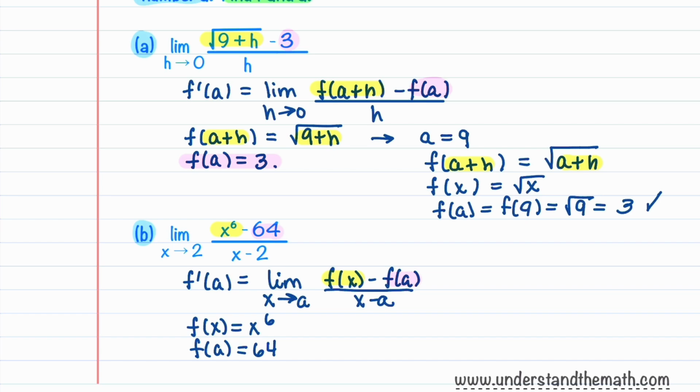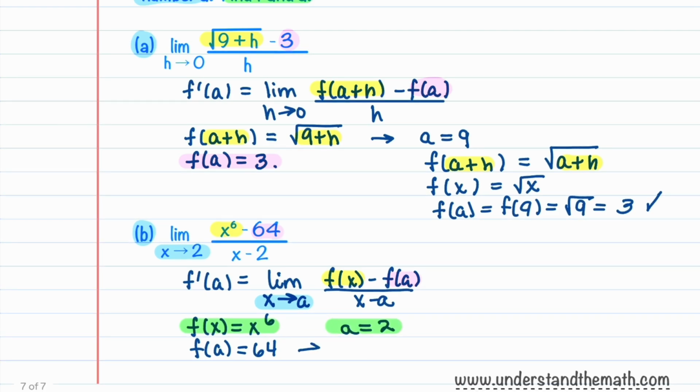To find a, all we need to do is compare our limits. X goes to a is the same as x goes to 2, so that tells us that a is equal to 2. So we found that f of x was x to the 6th and a was equal to 2.